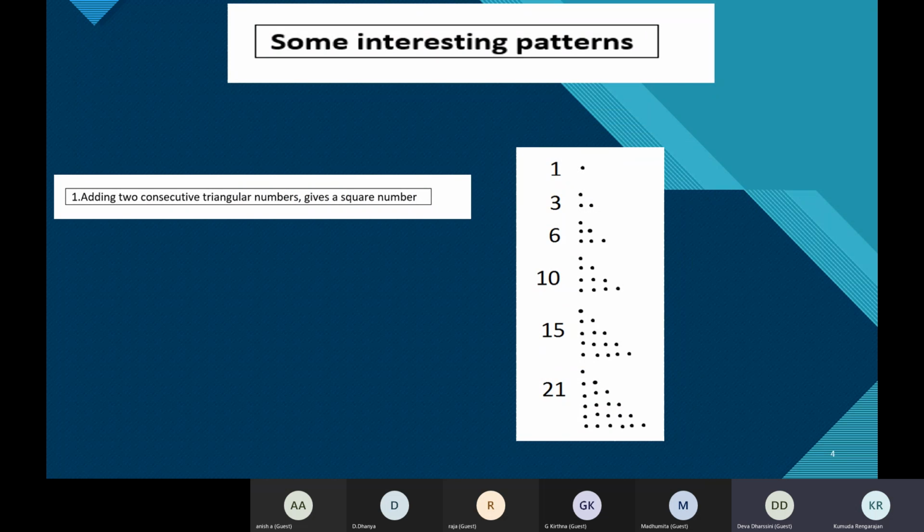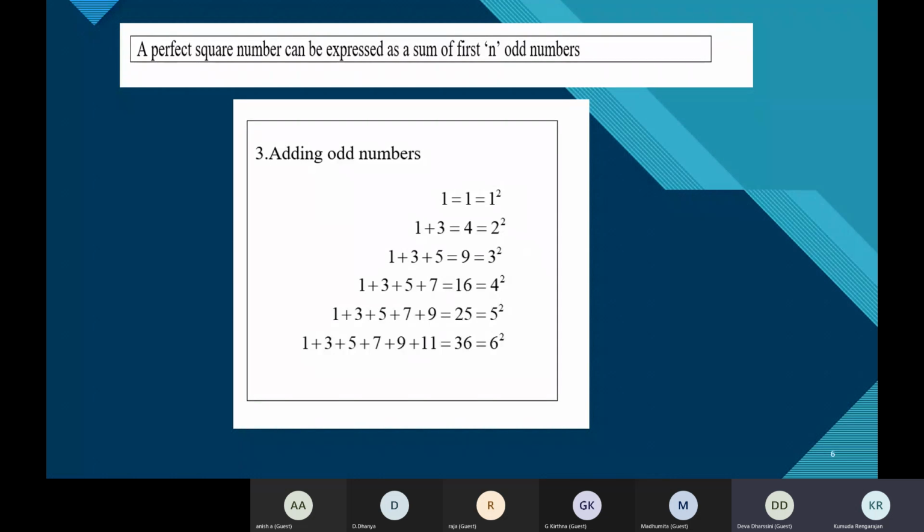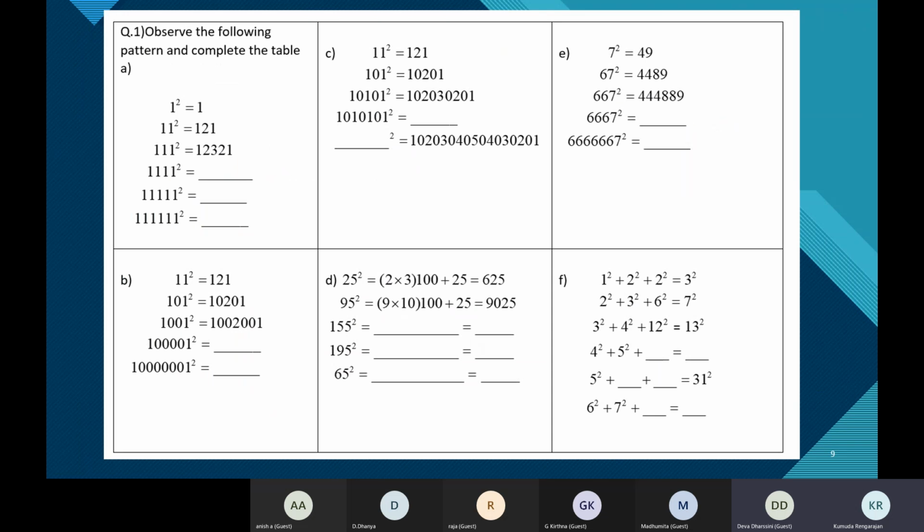You don't have to do this now. Not this now, because I've not explained. Not this, not this. That's all. Complete all this. The remaining slides you will teach in the next class, ma'am. After I explain, I'll share it with you. Yes. Okay, ma'am.